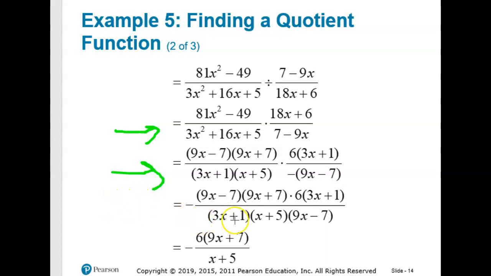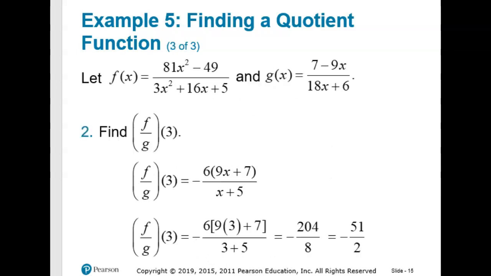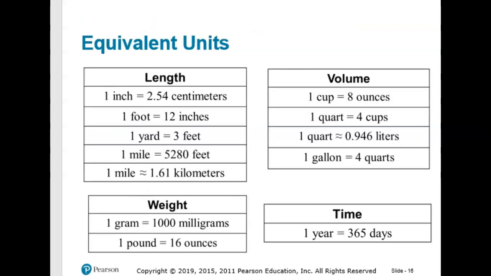Simplify by eliminating common factors that are common in the numerator and the denominator. And rewrite what is left here. Now, when you want to evaluate, we've been doing this all semester long. You substitute the 3 in for the x and simplify until you have the answer of -51/2.